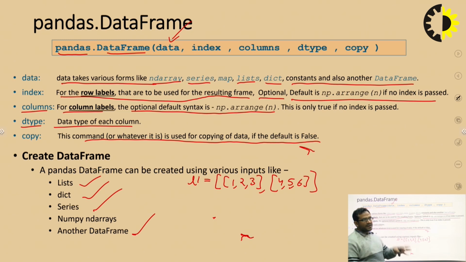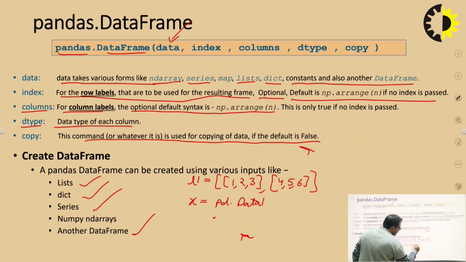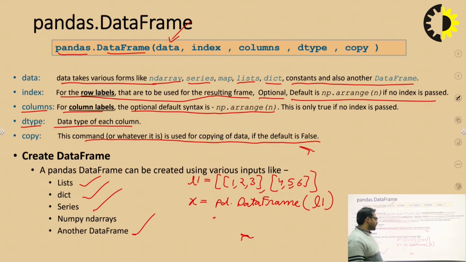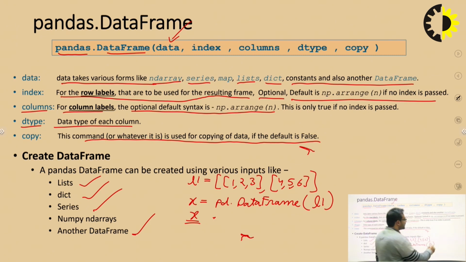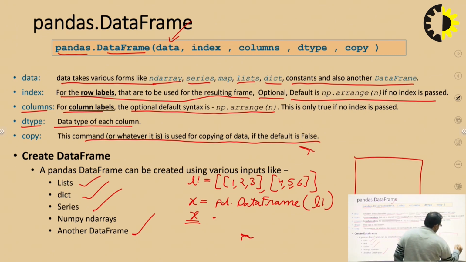If you want to create a data frame from this list, simply write X equal to pd.DataFrame and pass data, which is L1. When you print X, the output is just like this.